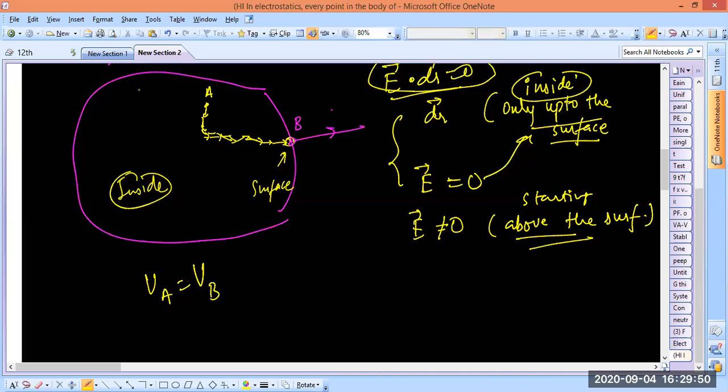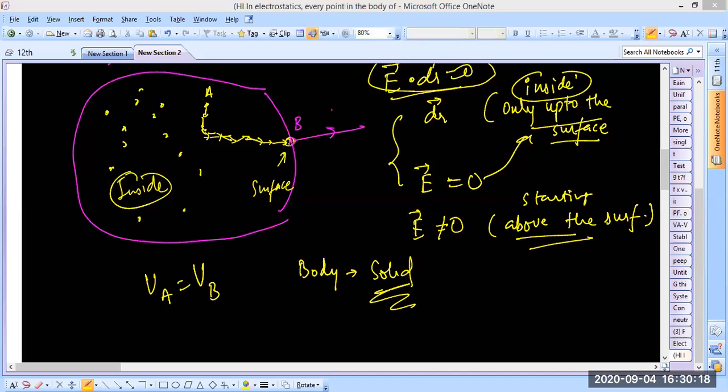So what I'm saying is every point inside the body. When I say body, it means I'm talking about the solid part, not hollow. Hollow deserves a special mention, so we'll talk about that at last. So everywhere inside the body, the potential at A is the same.